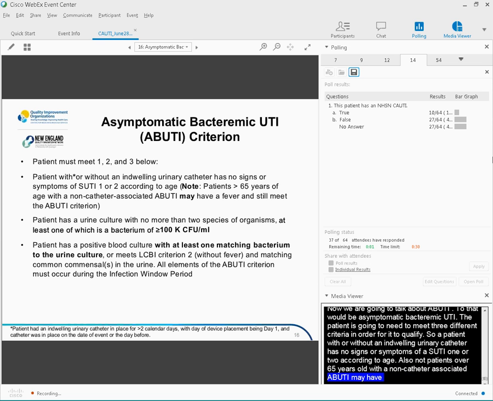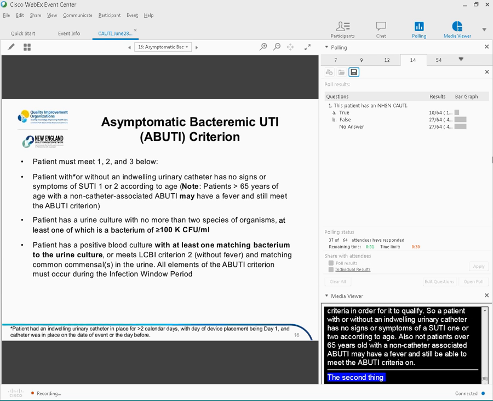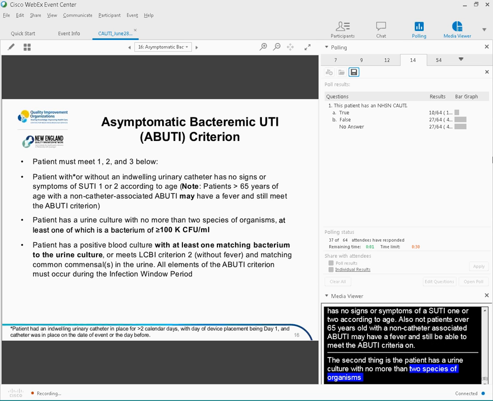The second thing is the patient has a urine culture with no more than 2 species of organisms, at least one of which is a bacterium of greater than or equal to 100,000 CFUs.